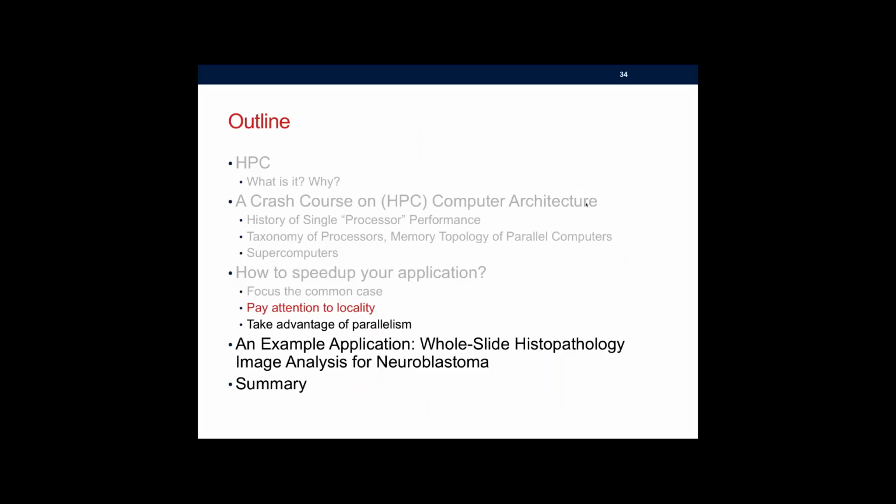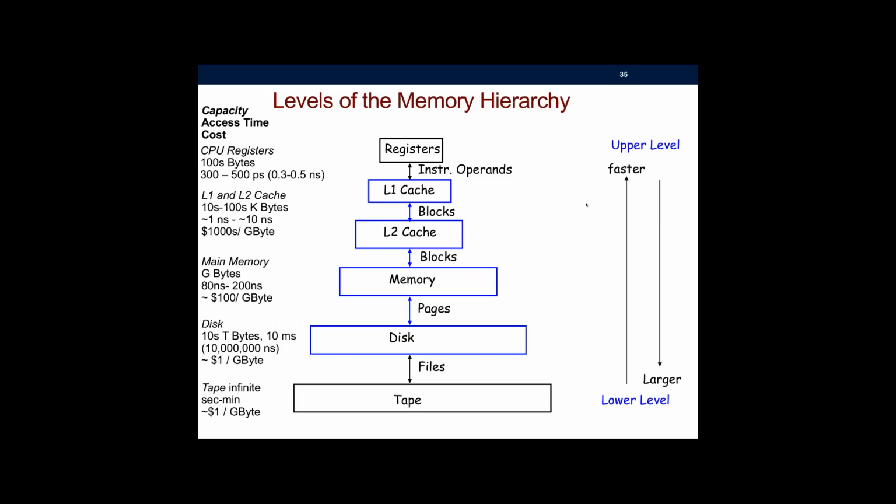Another thing that you need to pay attention to is locality. For many years, our computers have been composed of memory hierarchies such that lower in the hierarchy has a larger space, but their speed is slower. So from CPU to cache to memory to disk, as you go down, you will get a larger and larger space, but access time becomes much slower and slower.